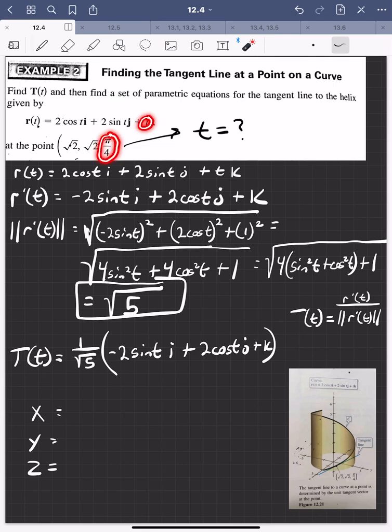We can set our k components equal. We know exactly what t is. We know what to plug in here. So what is it equal? It's equal to pi over 4. How did I do that? I'm just noticing that t is equal to pi over 4.